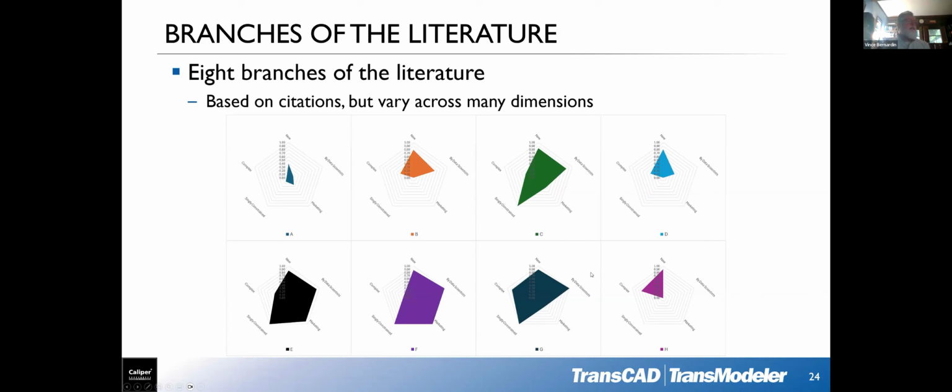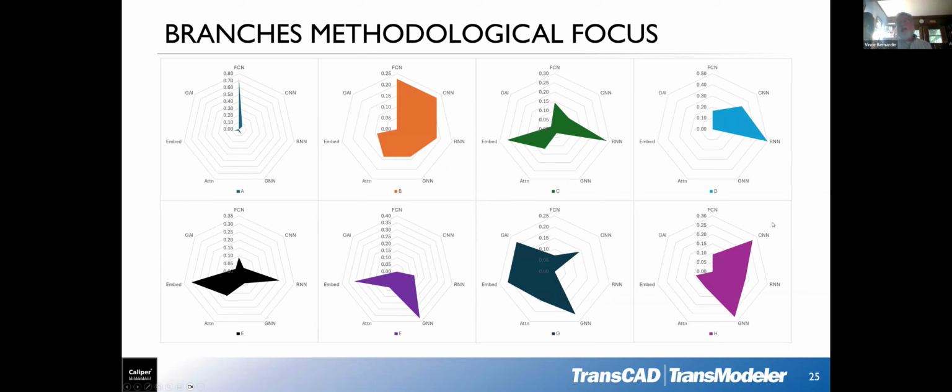You can see there are some distinct differences. And then when we look methodologically at the actual architectures and methods of the neural networks, you can see even more interesting diversity.